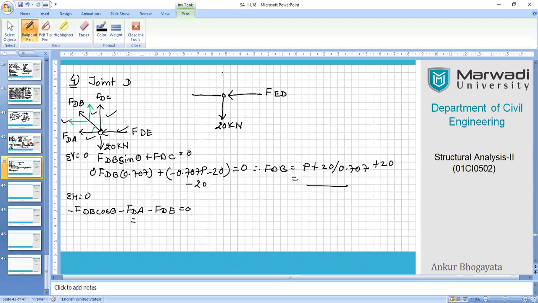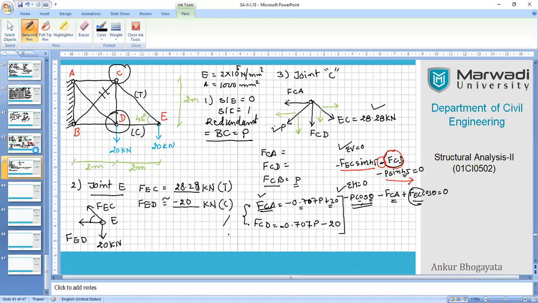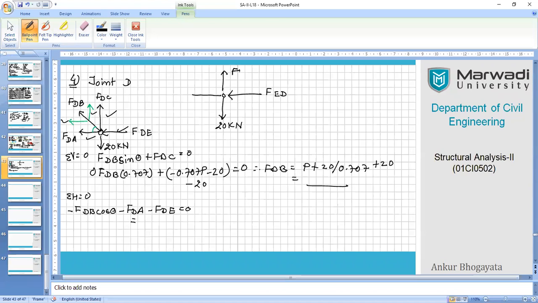On vertical we have DC, right? So this is FDC. Okay. And on inclination we have FDA, and this becomes your unknown force, so that is DB. So please make a change over here, right?